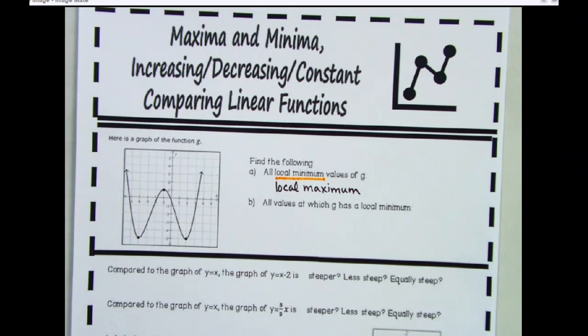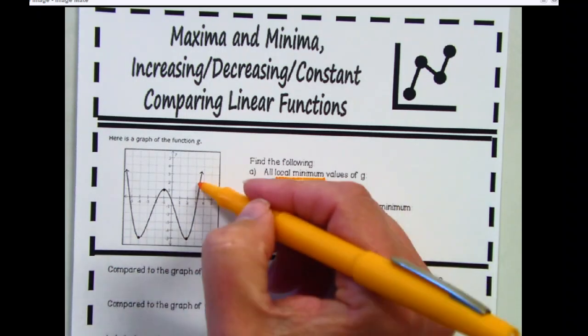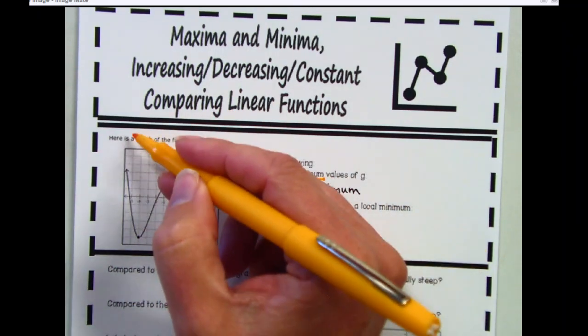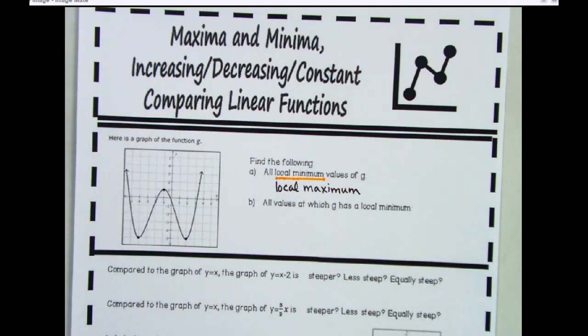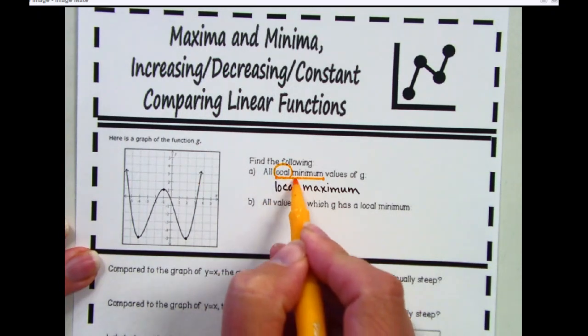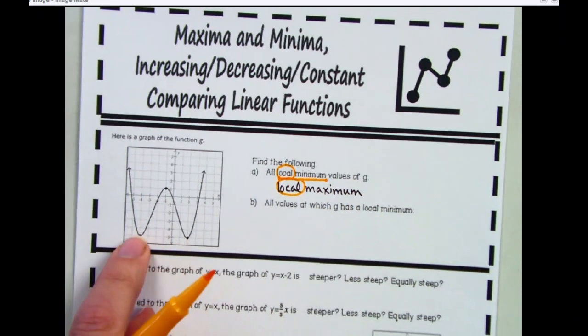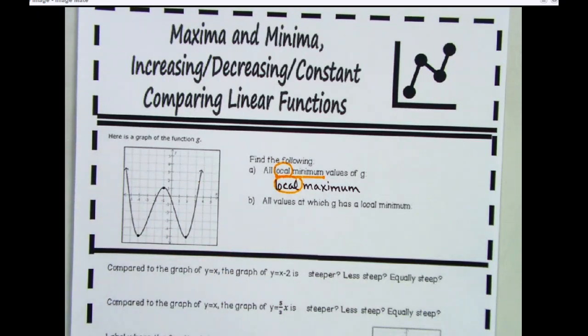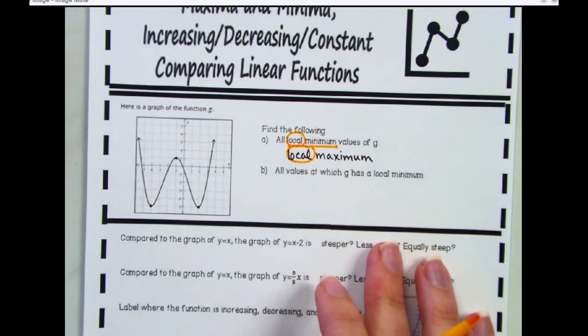If I said find the maximum of this function right here, doesn't that arrow imply that it goes up forever? So the biggest number would be infinity, right? That's why we add this word right here, local. That means find the peaks and the valleys. So if it wants the local maximum or the local minimum, we're just looking for the peaks and the valleys.